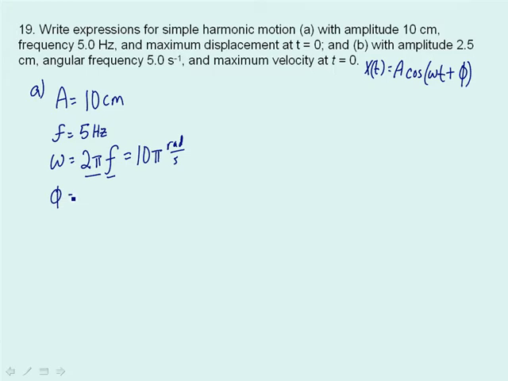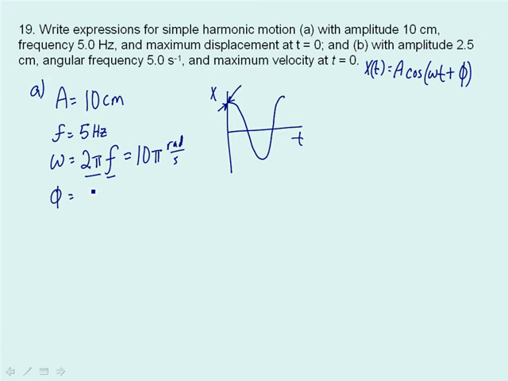It says that the maximum displacement is at t equals 0. So if we were to draw x versus t, the maximum displacement would occur at t equals 0. And this is a cosine function. The cosine of 0 is equal to 1. So this is the proper representation of a cosine function, and we don't need to shift the wave function at all.